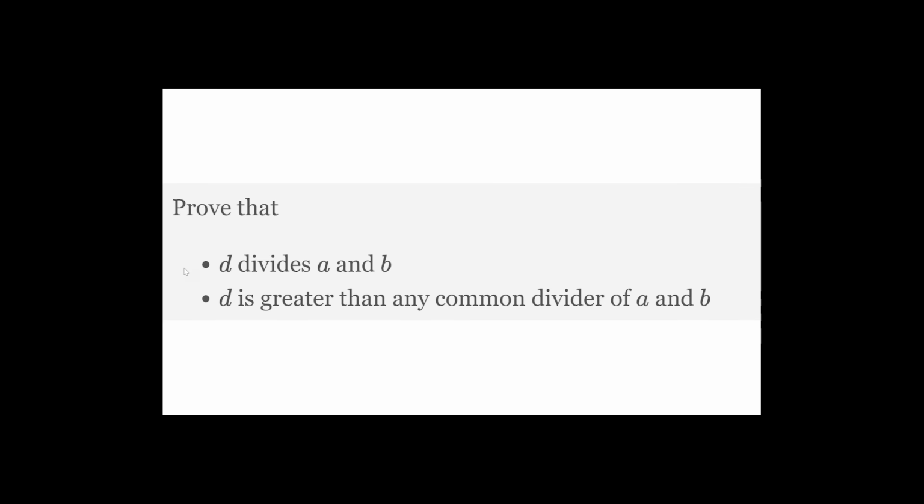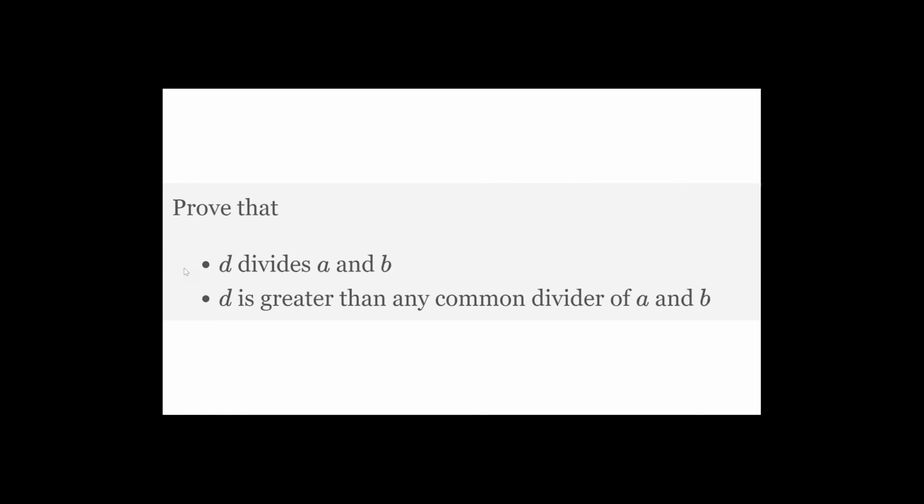So how do we do that? We take that element d, and so far we don't know that it's the greatest common divisor, but we know that it is the smallest element of the set that we have defined. And we use the integer division, which is called the Euclidean division. It's a standard integer division, which says that if you have two numbers, you can divide one number by the other, and you will have a quotient and a remainder.